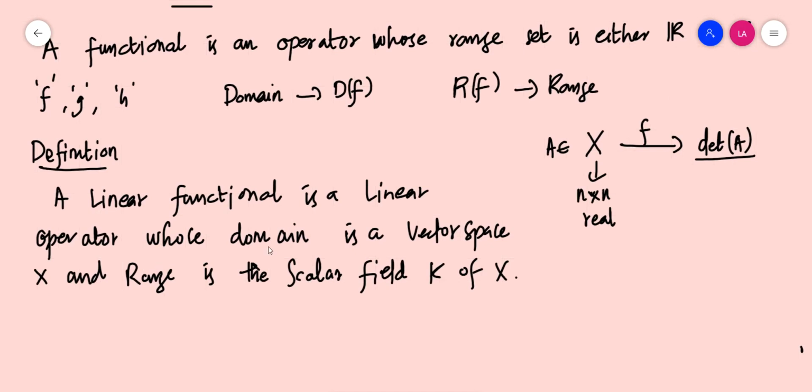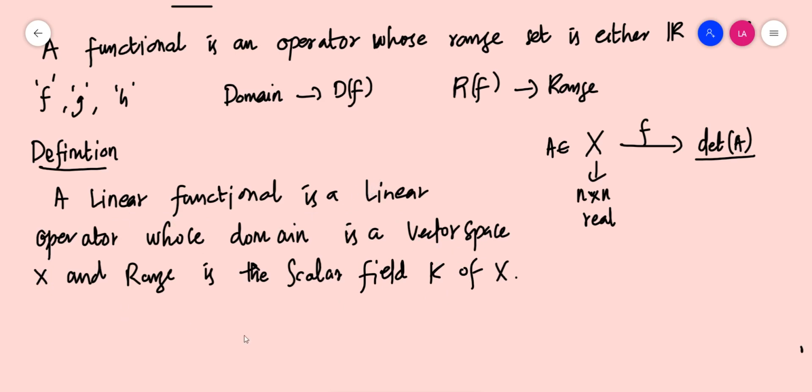So if we define a linear operator, which satisfies the linearity condition, from the vector space X onto its scalar field K, such a linear operator is called a linear functional.